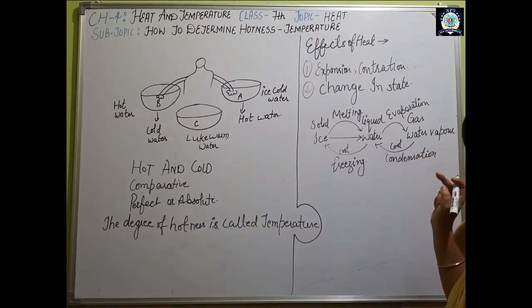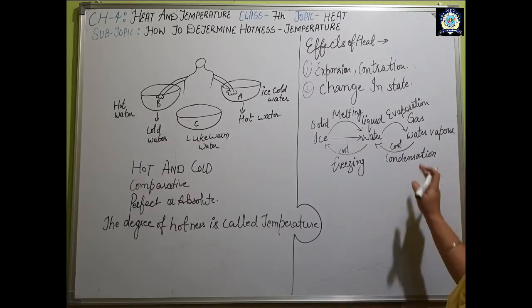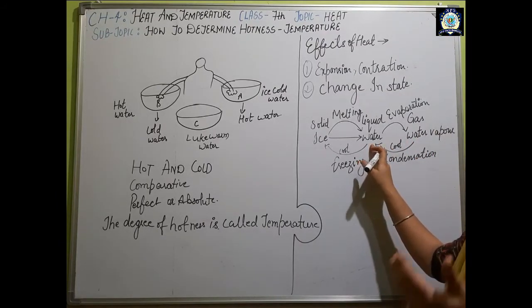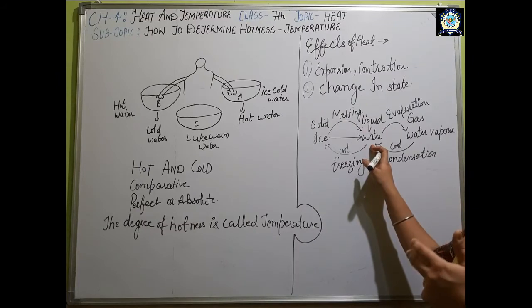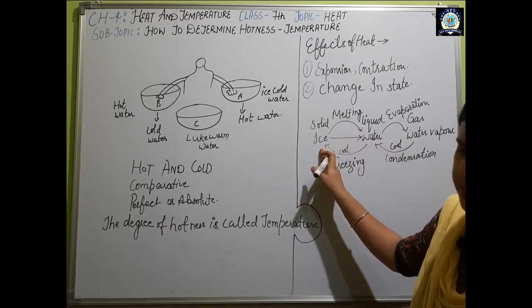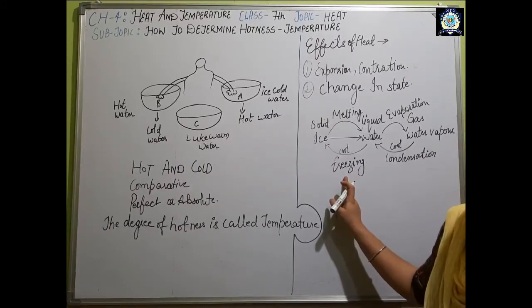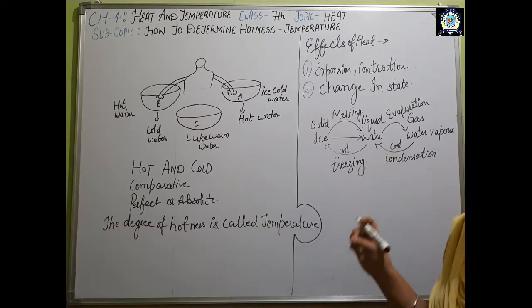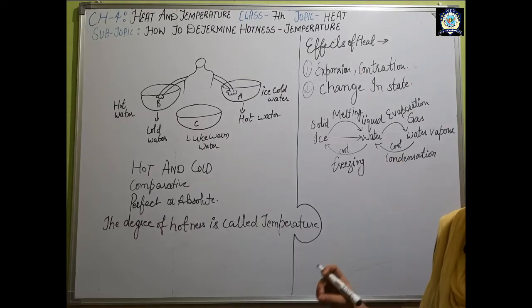When water vapor loses the heat, condensation takes place and water vapor changes to water. Further, when water loses more heat, water changes to ice, which is called freezing. So this is also a very main effect of heat, that with the help of heat we can undergo change in state of matter.